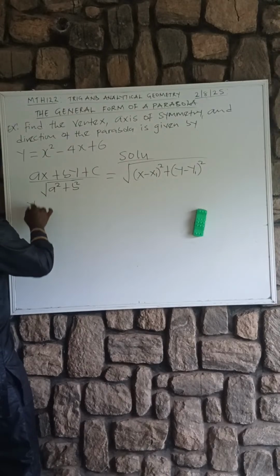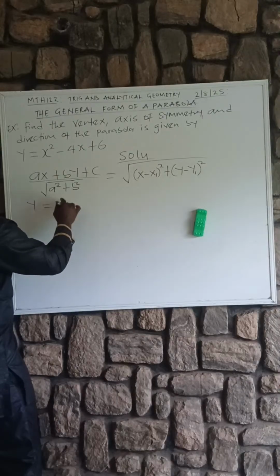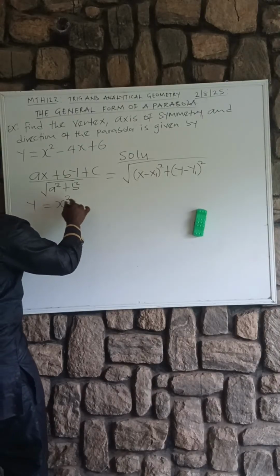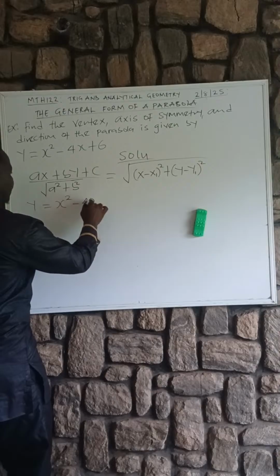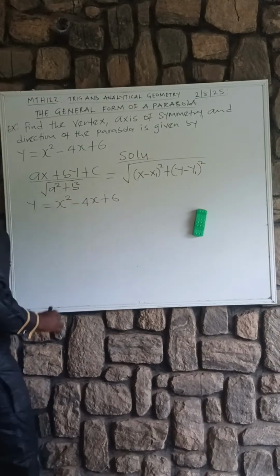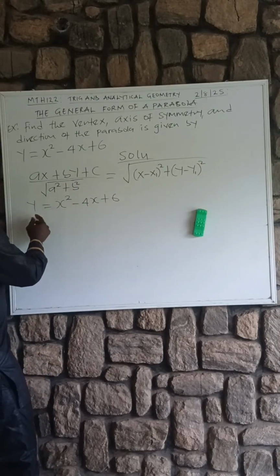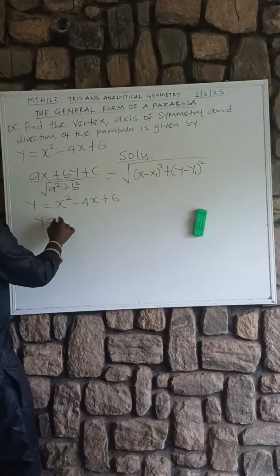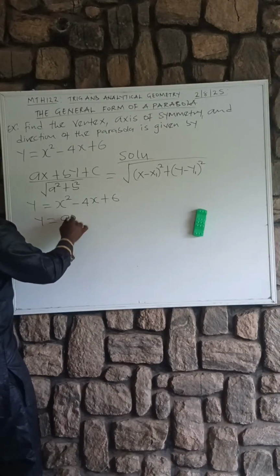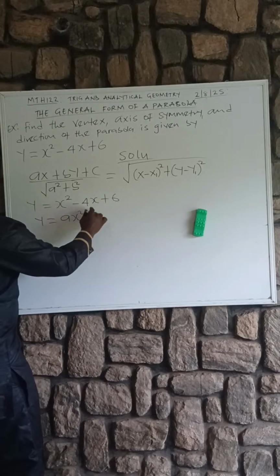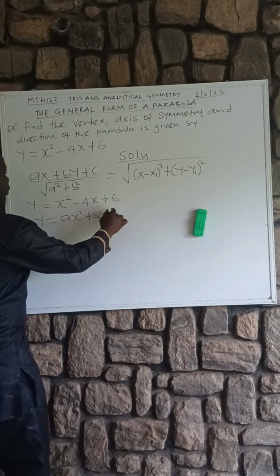So, since the parabola, the line is given as y equals x squared minus 4x plus 6, you now equate it with y equals ax squared plus bx plus c.